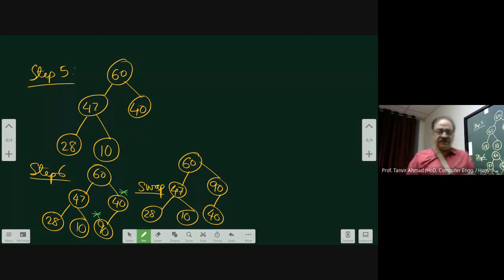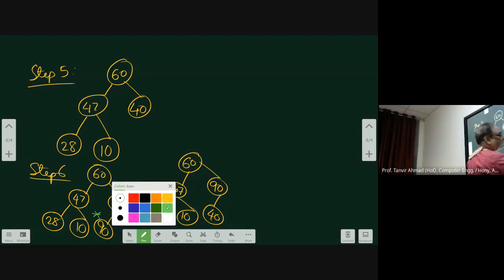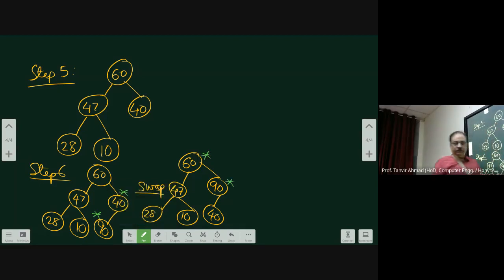And you get this. But again you find that even this is not a heap tree because 90 is bigger than 60, which should not be there. Now again what you have to do is that you have to make a swap. Therefore you have to swap this with this. Because now again it is not there.